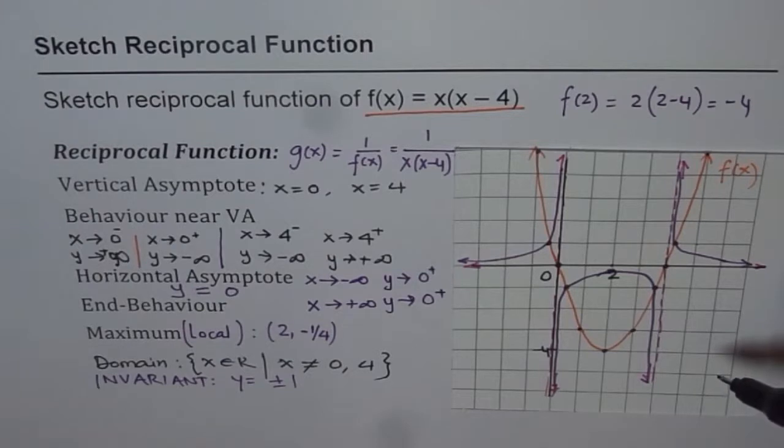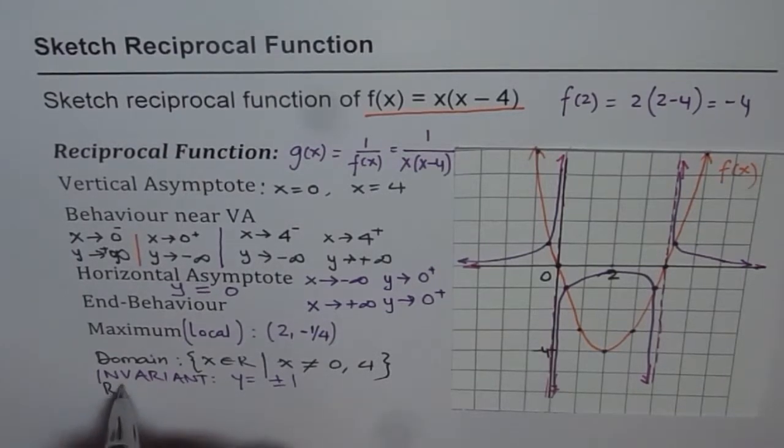Now as an exercise, what you can also do is write the range of this function. Let's add that parameter, that is the range of the function, right? So let me write range as words.